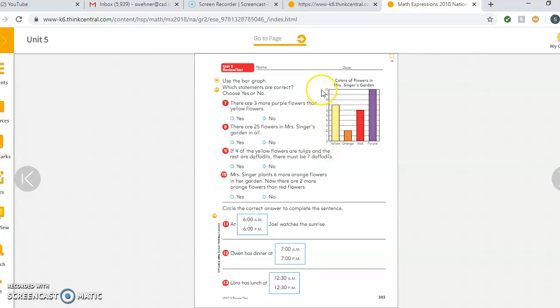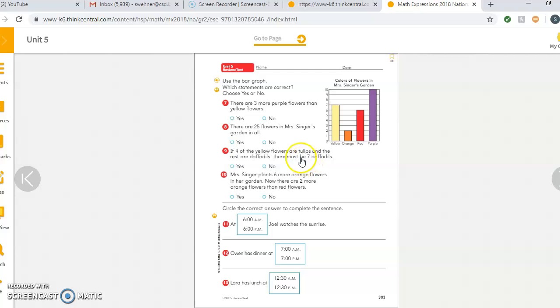The scale is going vertical from 0 up to 10. So you need to read this, and if this sentence is true, circle yes. If it's wrong, circle no. Okay? Be careful. The first two, number 7 and 8, aren't too tricky. Numbers 9 and 10 might require you to do a little bit more thinking.